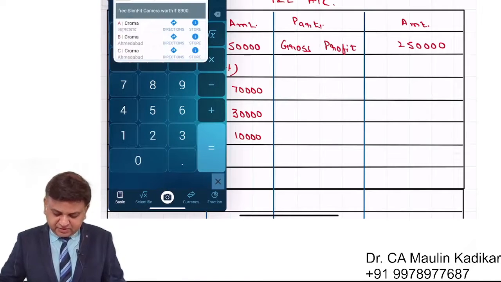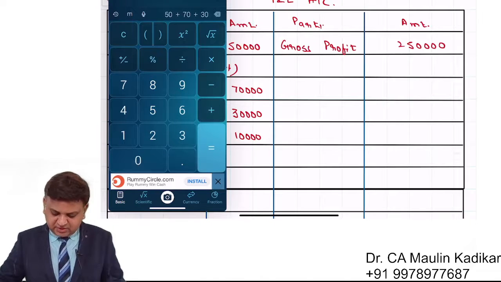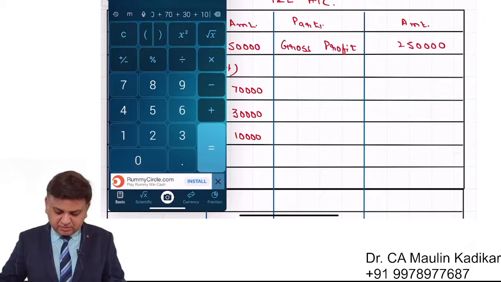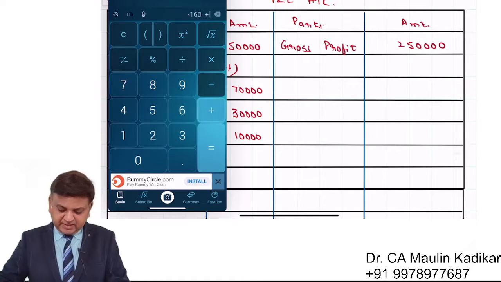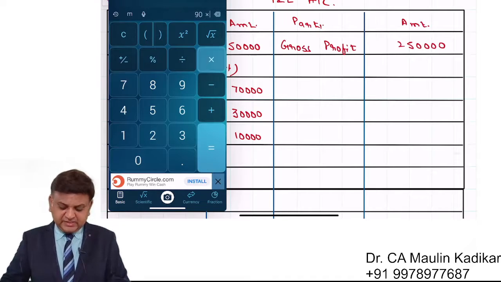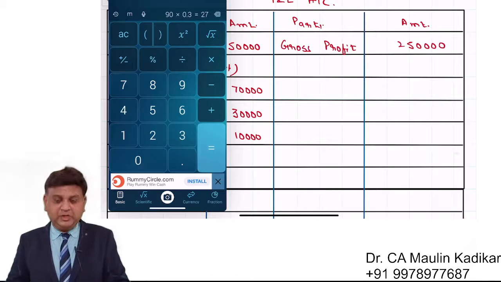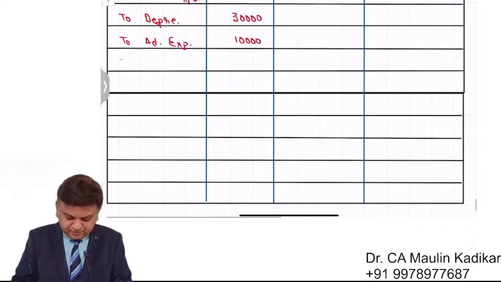So it is 50,000 plus 70,000 plus 30,000 plus 10,000. So there are total expenses of 1,60,000 that is deducted from 2,50,000. So profit before taxes is 90,000 and tax rate is 30%. So the income tax provision is required to be made of 27,000.